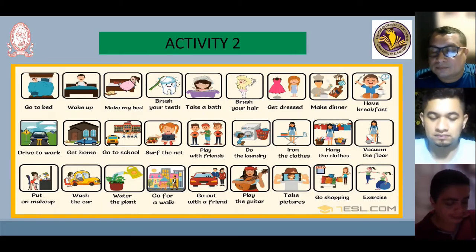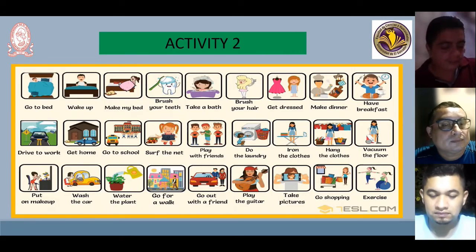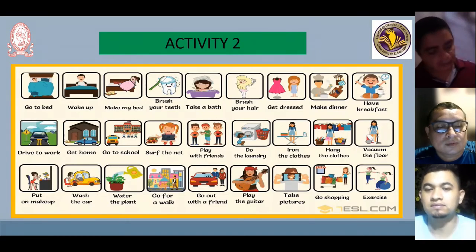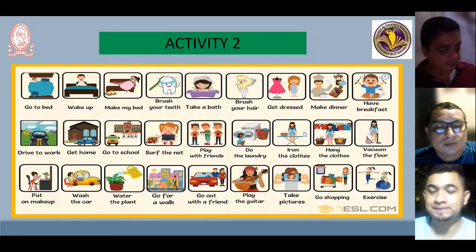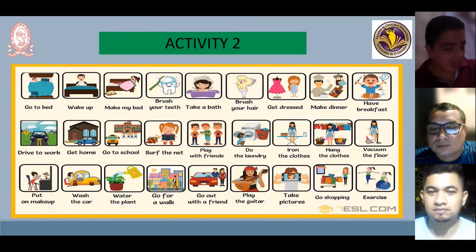I wake up early on Saturdays. I woke up early last Saturday. Okay. I brush my teeth on Saturday. I brushed my teeth last Saturday. I do laundry after I wake up.